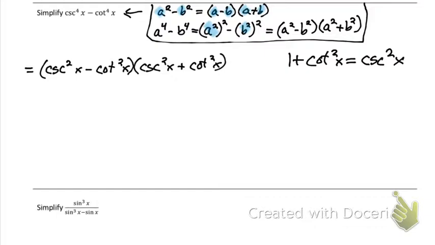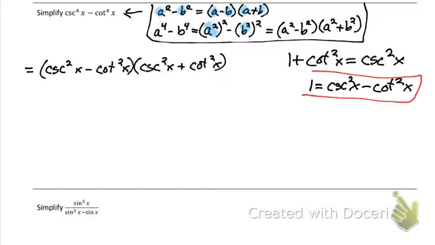Well, I need to get the cotangent and the cosecant on the same side, so I'm going to rewrite this as 1 equals cosecant squared x minus cotangent squared x. Well, that's right here: cosecant squared minus cotangent squared equals 1.